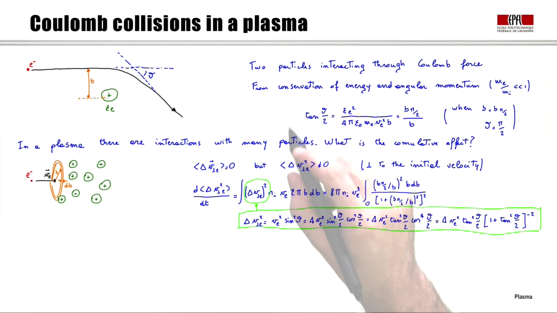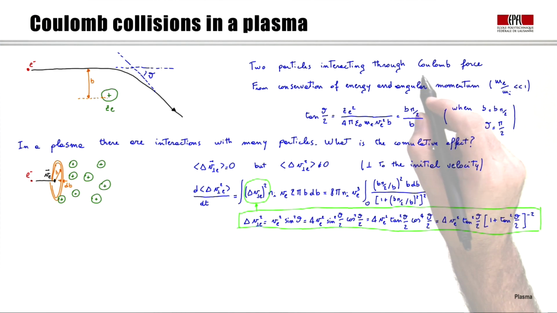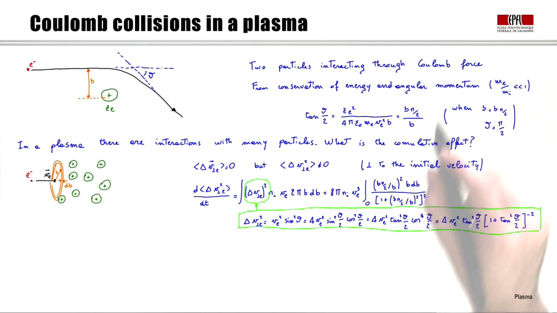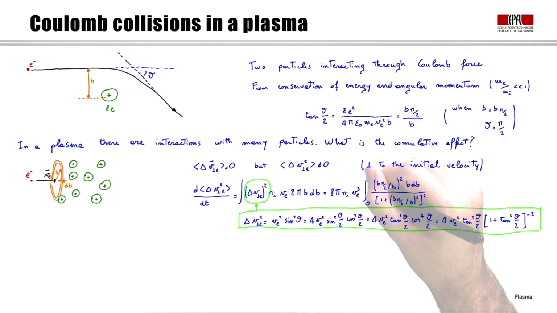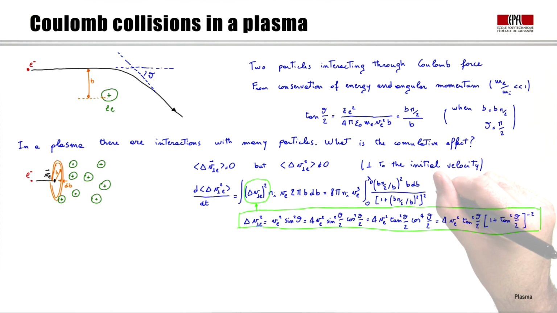A more precise calculation would have required evaluating this expression by taking into account a screened Coulomb force, which we did not do. So we can replace this by limiting our integral to the Debye length of our plasma.